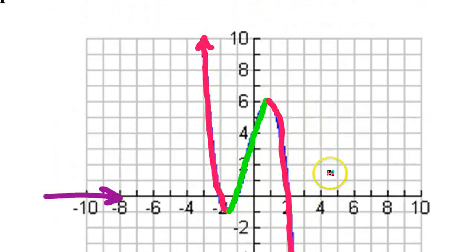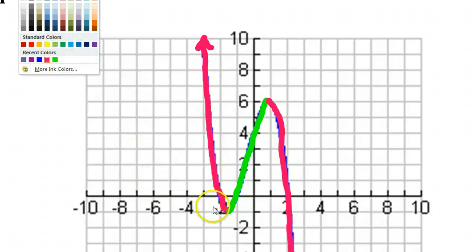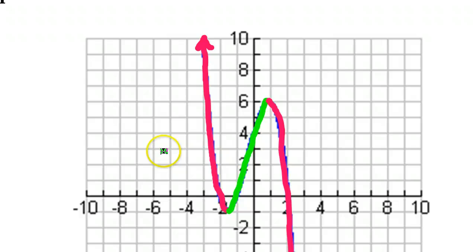Okay? So we have one increasing interval and two decreasing intervals. Now remember we are talking about x values, so let's talk about our one increasing interval first. If we look only at the x-axis, it starts right here.